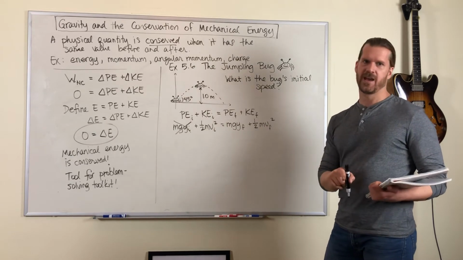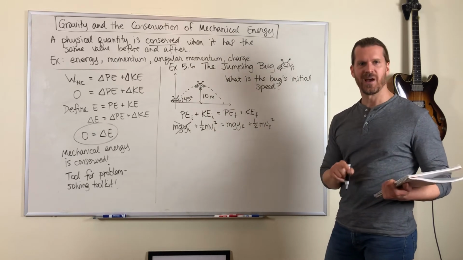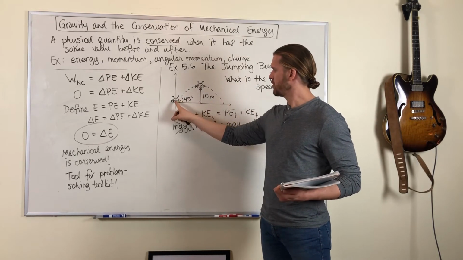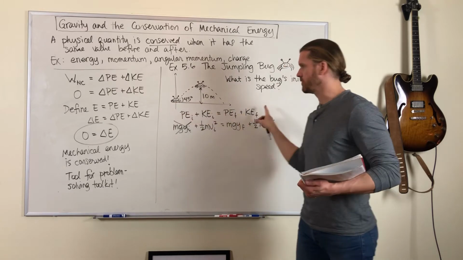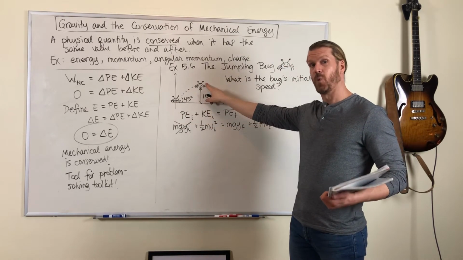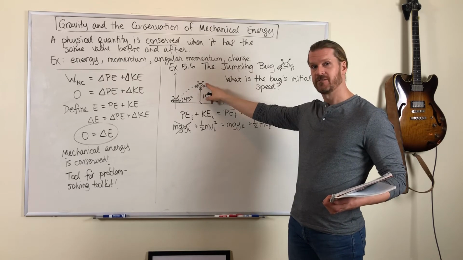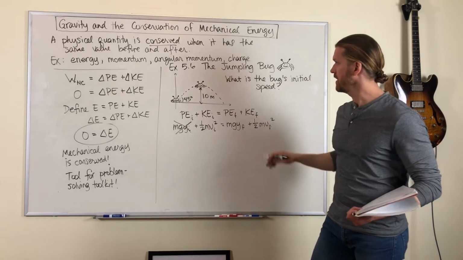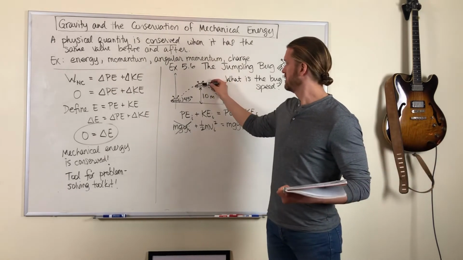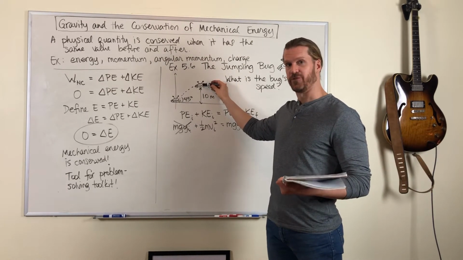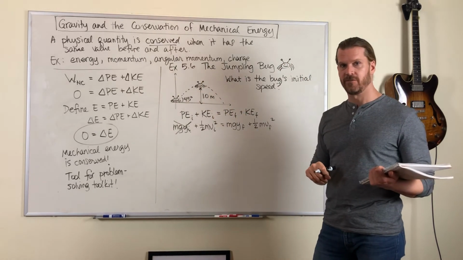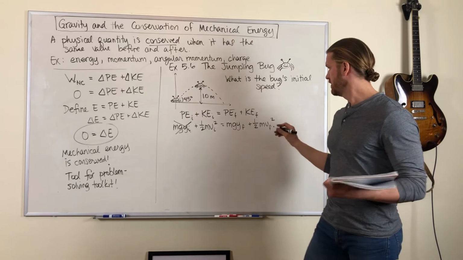But if you think back to our kinematics, 2D kinematics lesson, remember that at the maximum height, there's no y velocity, it's all x velocity. So this v final is equal to the x component of the initial velocity.